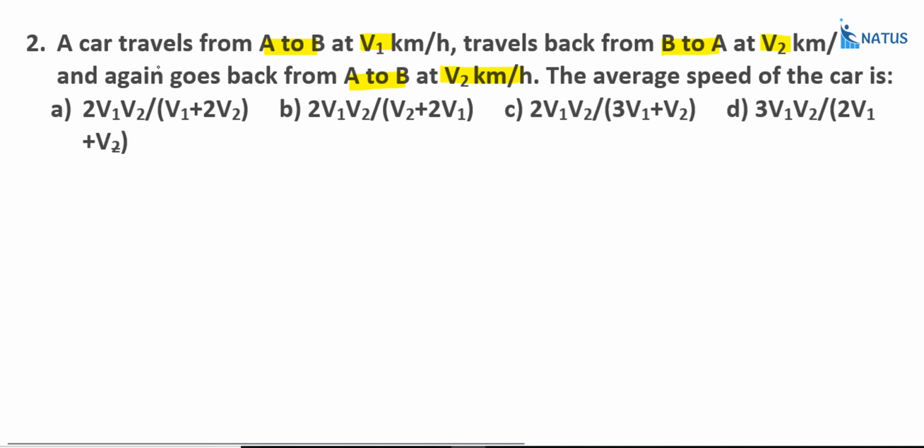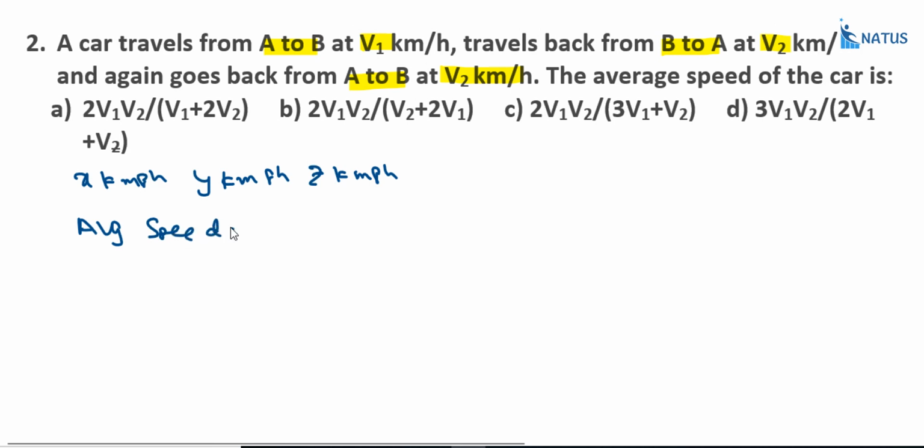If the distance is the same and the three speeds are x, y, and z kilometers per hour, then the average speed is 3xyz by xy plus yz plus zx kilometers per hour.